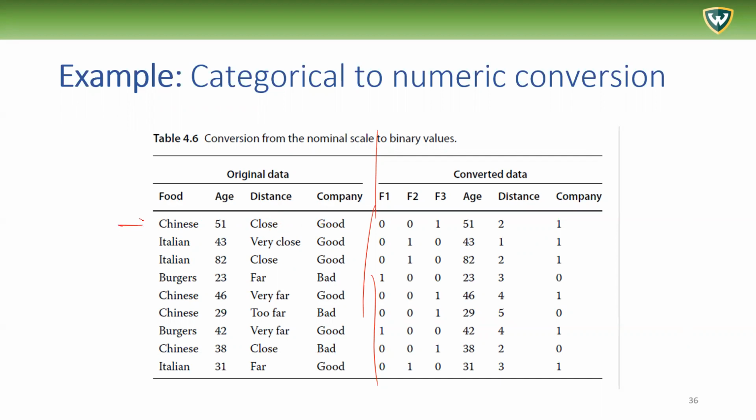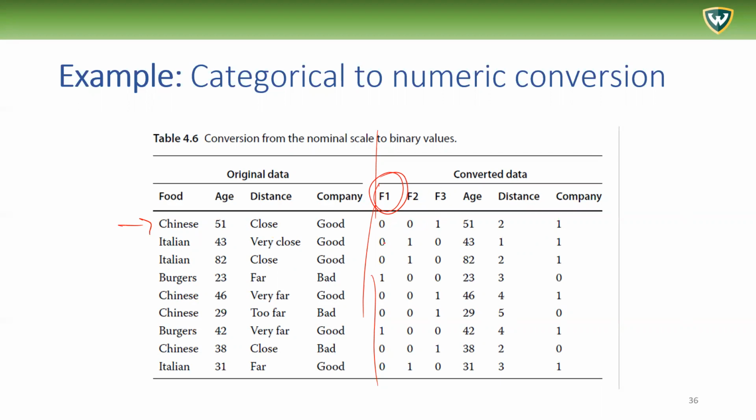So these here are categorical values: Chinese, Italian, burgers, Chinese, burgers, the kind of food they're talking about. So how do you turn this into binary or numeric binary data? Well, you just create one variable for each of the existing values. So if there are 3 kinds of foods, Chinese, Italian, or burgers, then you have 3 additional variables.